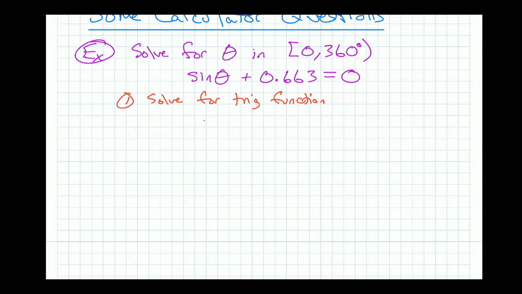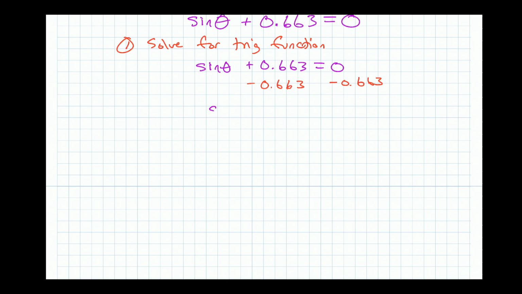So you solve for the trig function. Sine theta plus 0.663 is 0, so we are going to subtract 0.663 to the other side. We're going to end up with sine theta is equal to negative 0.663.